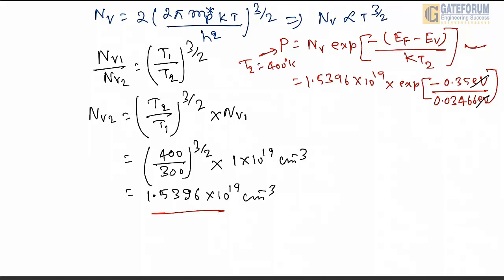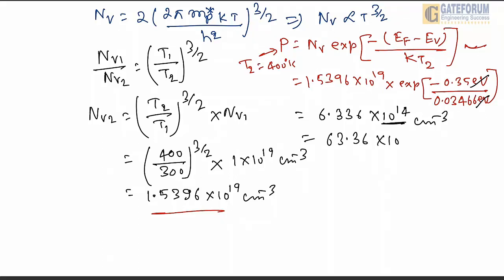Whenever you calculate this, it comes to 6.336 into 10 raised to 14 per centimeter cube, but in the question the order is given as 10 raised to 13, so we can convert this into 10 to the power 13. So this can be written as 63.36 into 10 raised to 13 per centimeter cube.